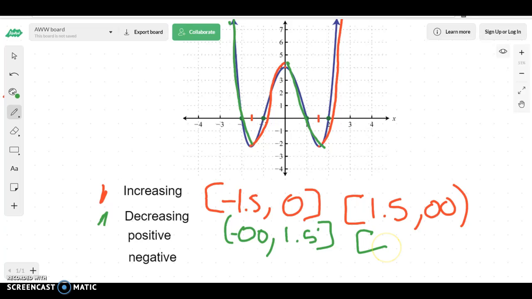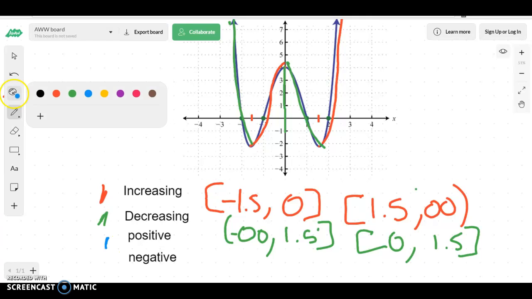And then we have the other one where it's going to start here again at that line right there, which is 0, and it's going to go all the way to our +1.5. So that was our increasing and decreasing. Now let's see if we can find its positive and its negative.